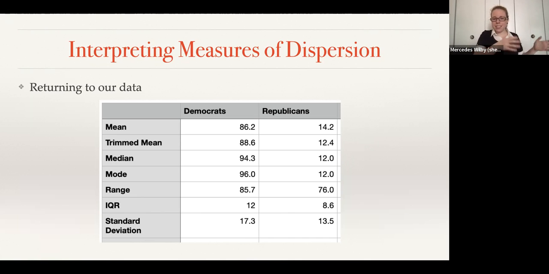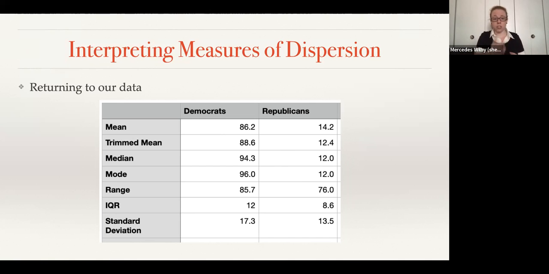So between 0 and about 26 points higher than 14. So about 40, right? So about 95% of Republicans will have a vote between 0 and 40. And we know this from just looking at the mean and the standard deviation. Now, again, that's only because the Republicans seem to approximate a normal distribution.